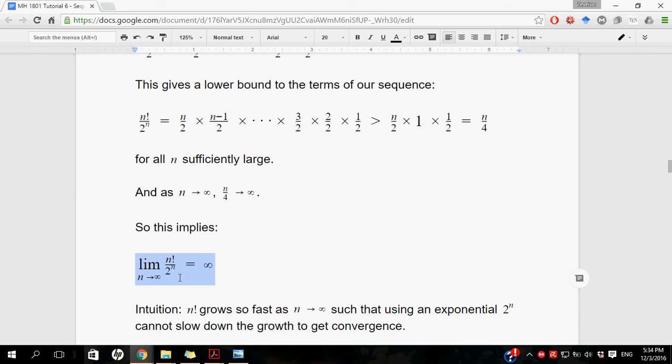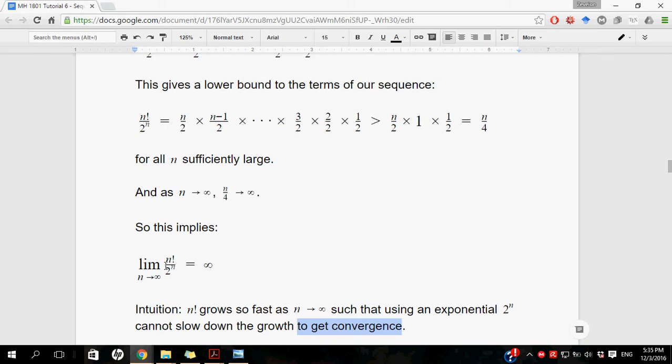There is a certain amount of intuition behind this formula, and it is that seeing that we have a ratio of n factorial and 2 to the n, what we are seeing here is that n factorial is growing so fast as n goes towards infinity, such that even if you divide by 2 to the n, an exponential function, it cannot slow down the growth of n factorial to obtain convergence.